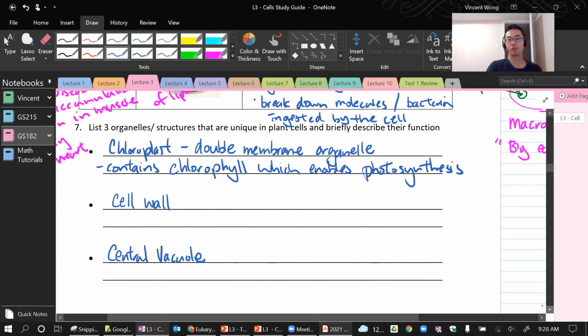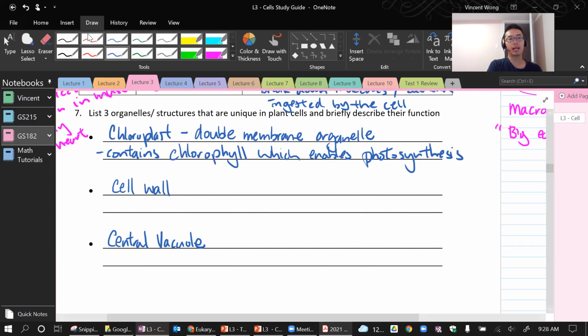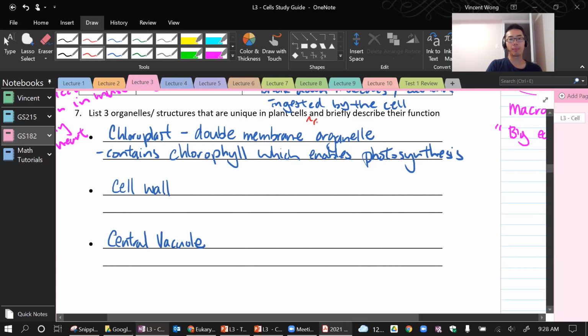We cannot make our own food. We have to consume the food, right? We have to eat it. But plants, they can do this. Okay, so again, in this question, I should say list 3 organelles or structures that are unique in plants compared to animal cells.